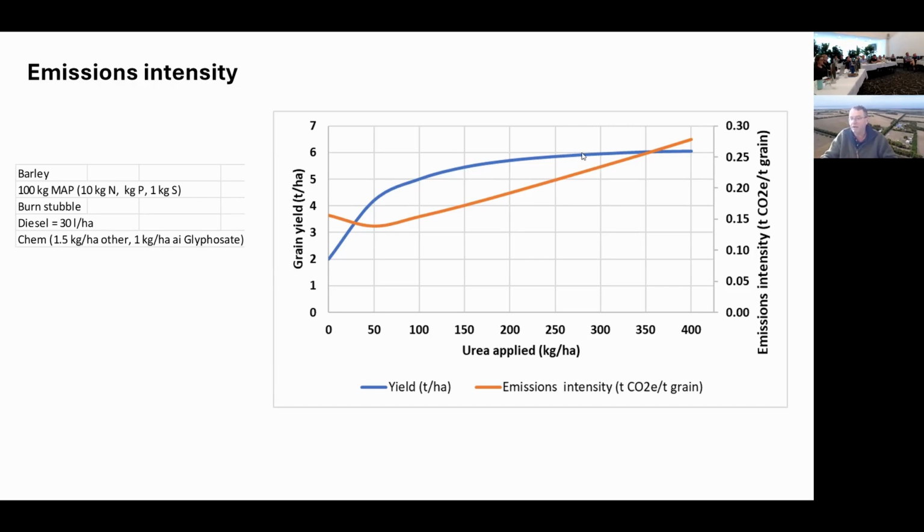We can't squeeze enough yield out to compensate for what we're getting pinged for in the extra urea that we're using. And it's a real dilemma that we've got. If supply chain starts chasing this emissions intensity, we can create more yield and therefore, in a sense, potentially make more profit if it is profitable to do, but our emissions intensity looks shocking.